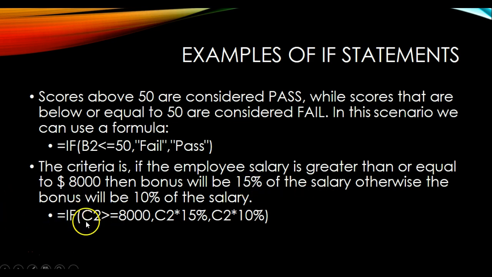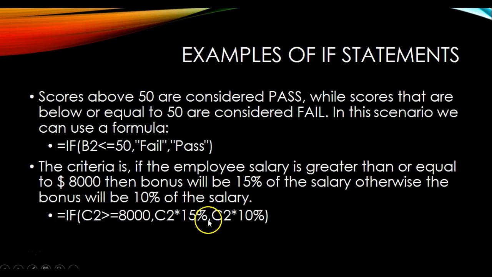Your salary is here in cell C2. So if C2 is greater than 8,000, then I'm going to take my salary and multiply it times 15%. I don't have to convert it to 0.15. I just have to put 15 and then the percent.